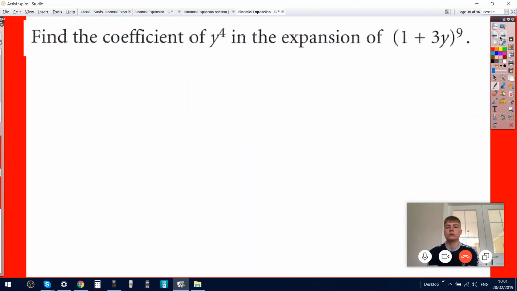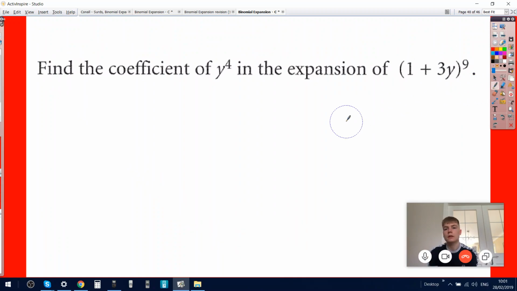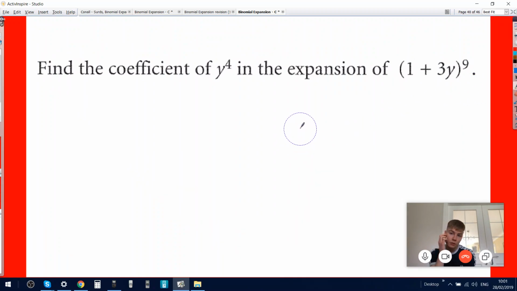Find the coefficient of y to the 4. Okay, how would you do this question? Any way you like. Expansion of 1 plus 3y to the 9.